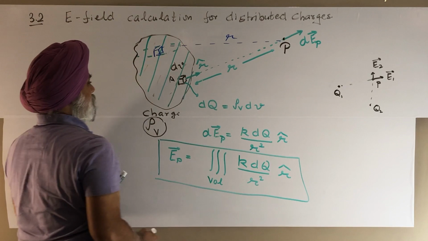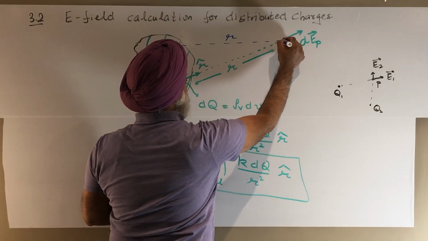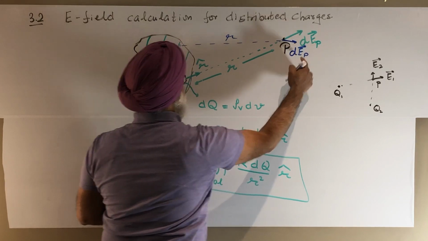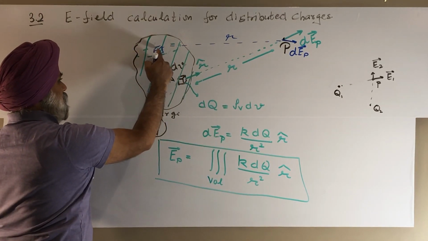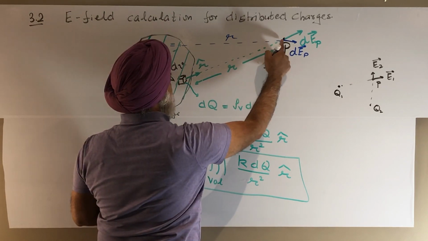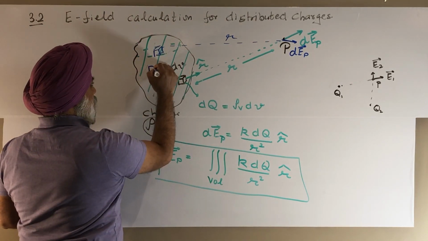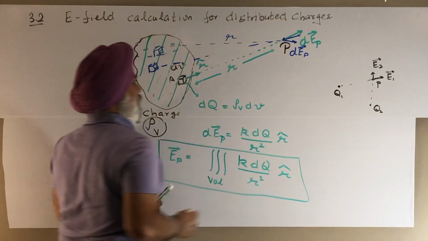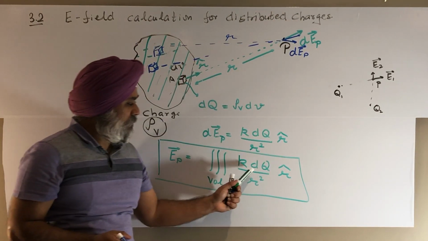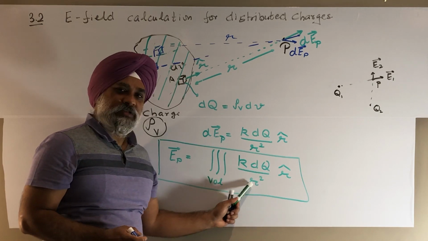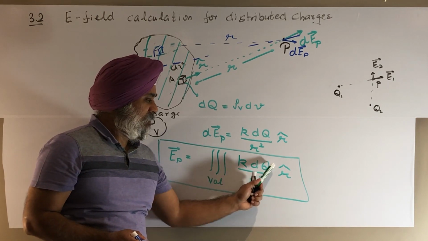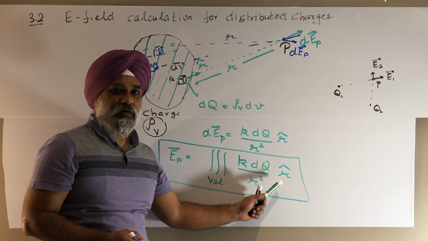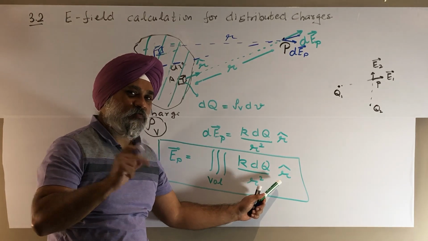Yes, that distance changes, but look at it. The electric field due to the differential charge here would be pointing in that direction. The electric field due to a differential charge somewhere else would be pointing in that direction. So not only do scalar quantities vary, the direction varies too. And you have to account for that.